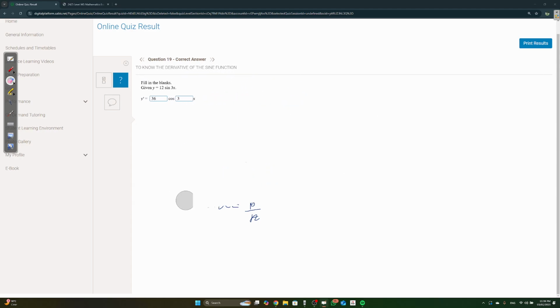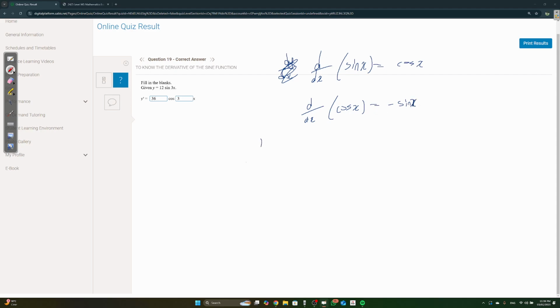Question 19. Okay, highlight the differentiation. I'm going to give you rules, memorize them. d over dx of sine x is equal to cosine x. d over dx of cosine x is equal to negative sine x.